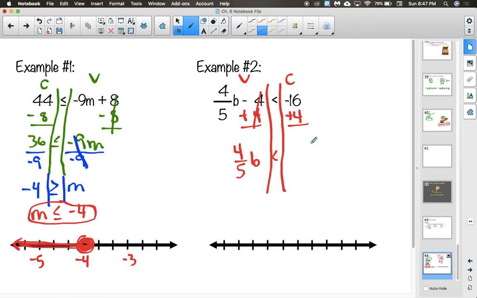Bring down your less than sign. Negative 16 plus 4. Don't forget to make your 0 pairs. We get negative 12. Now we are separated, so that's one term on the variable side, one term on the constant side. So now we get to move to our solve step. To do the solve step, we are going to divide both sides by 4/5 to get our b isolated.